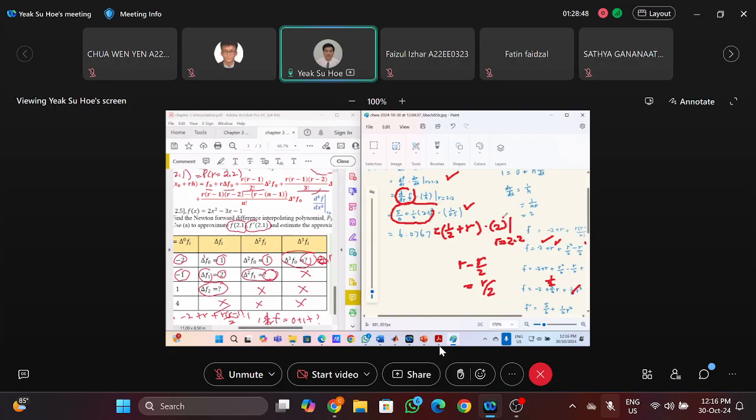So finally you get 2.2 plus 0.5 over 2, multiply 2, so you get 2.2 plus 0.5, 2.7 over 2, so you get 5.4. 5.4.